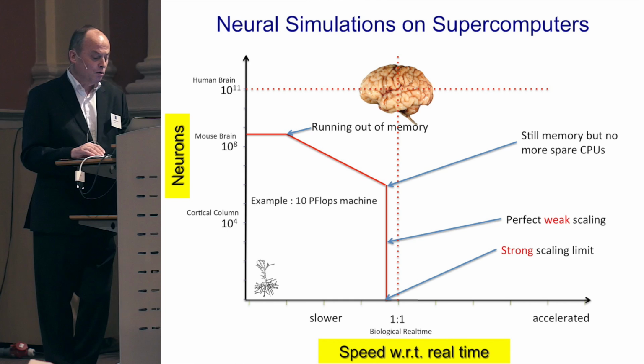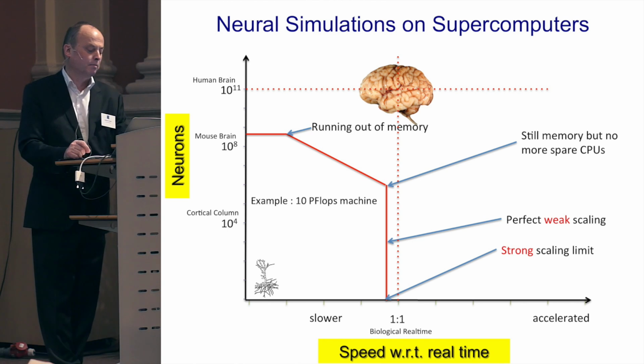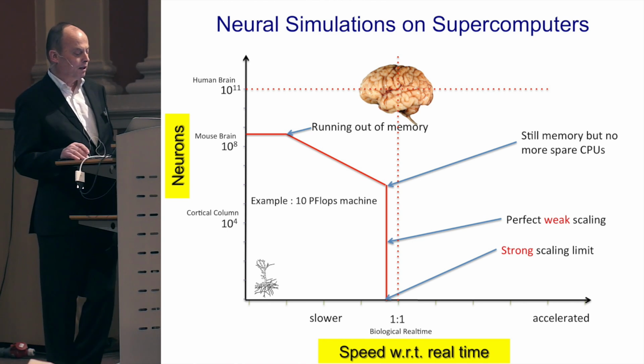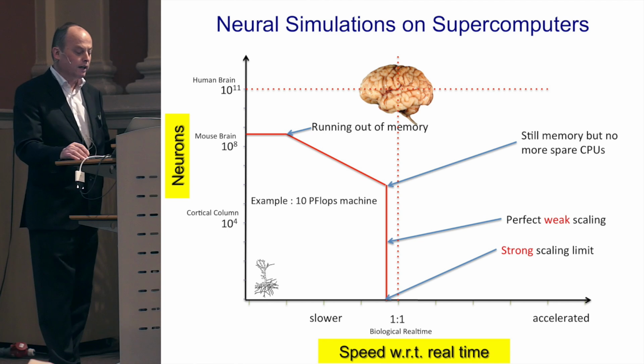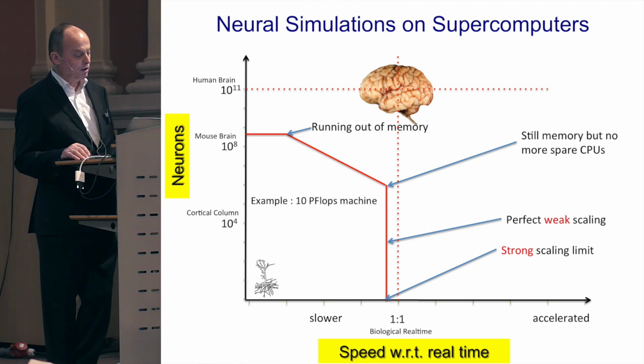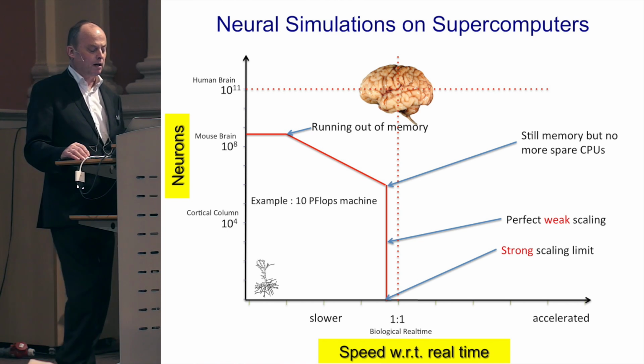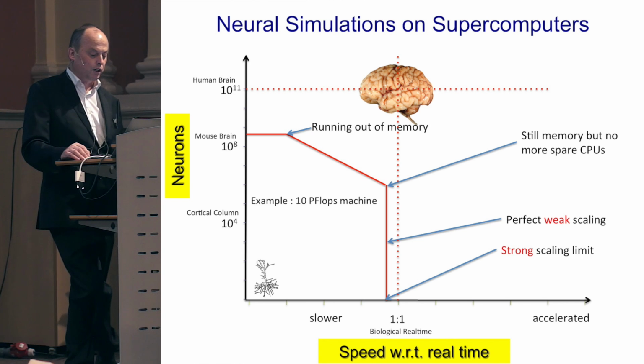So what people do in supercomputing, of course, as I said, is to exploit weak scaling as much as possible. We'll see how well this is being done. This is an example for a 10 petaflop machine that's in use right now, for example, by the group of Markram, using very detailed cellular models, the 1 megabyte per cell approach, which I have just introduced.